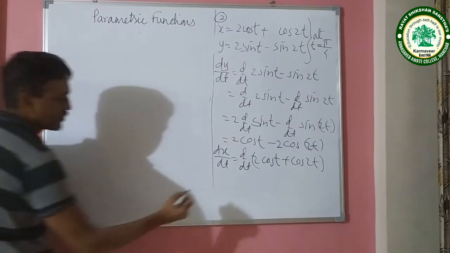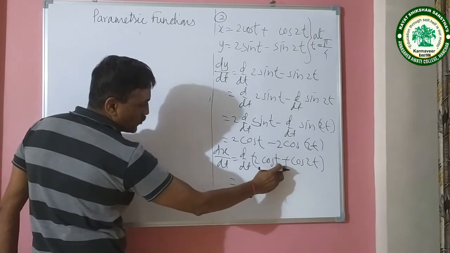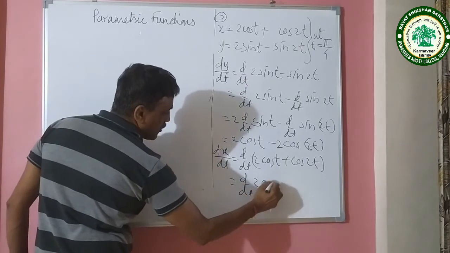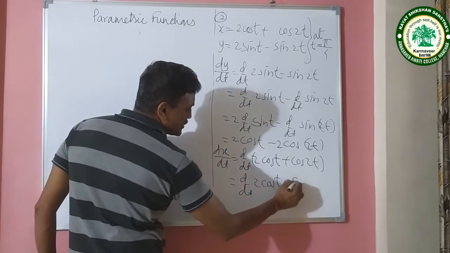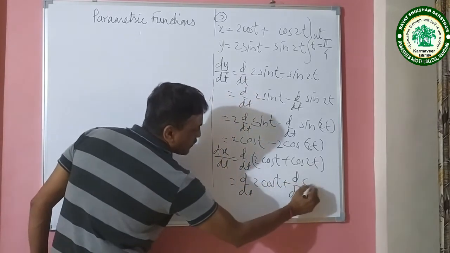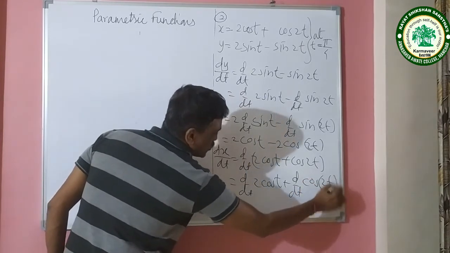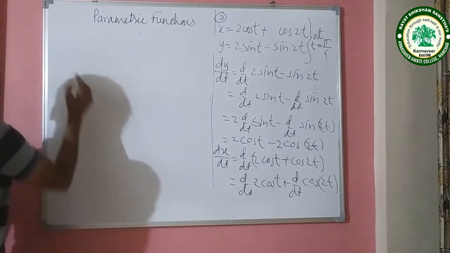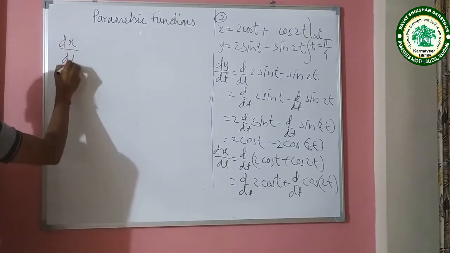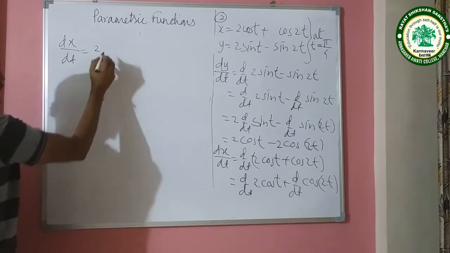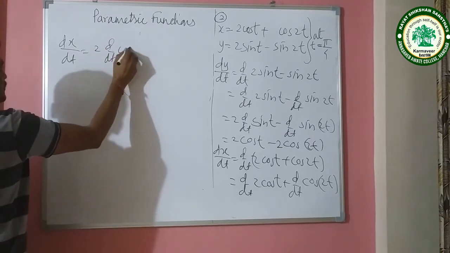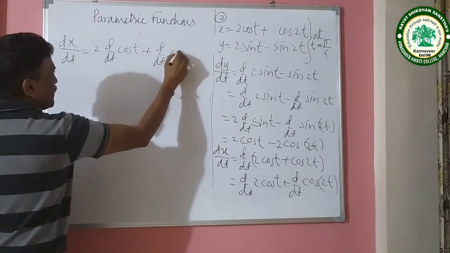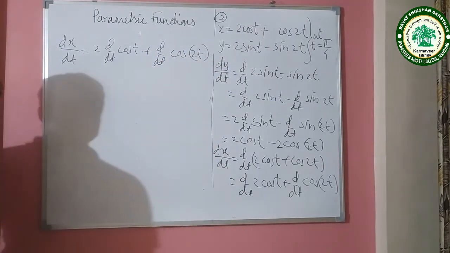So addition of two functions, so separate it. d by dt of 2 cos t plus d by dt of cos 2t. Same 2 will come out. So dx by dt is equal to 2 derivative of cos t plus d by dt of cos 2t.